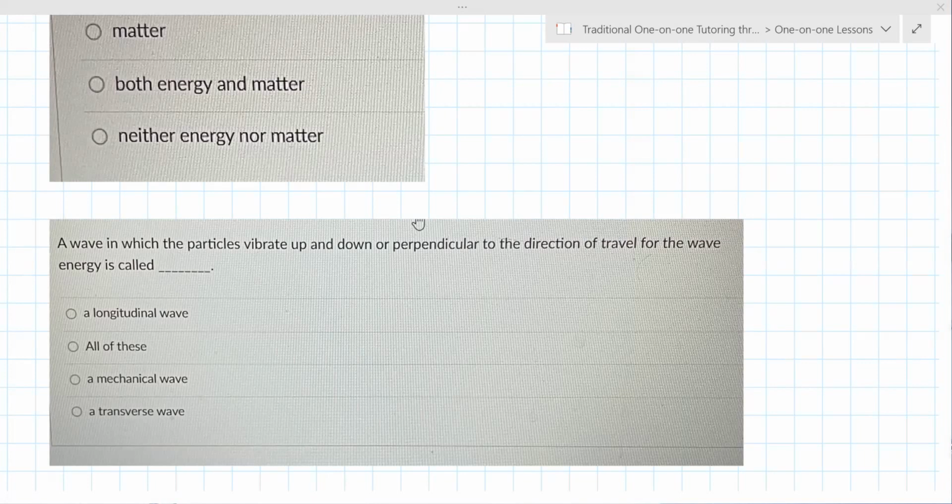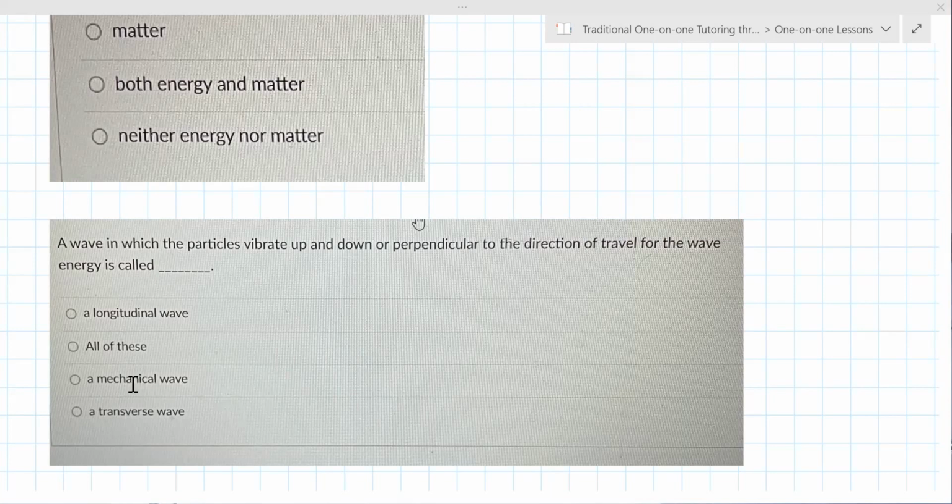Let's see here, check. So it's definitely a transverse wave.